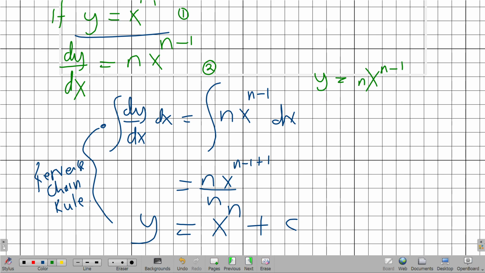This is the function. Then we add 1 to the power, then we divide by n. That's the rule. So it refers back to that part. So you should know the form of this derivative, that it goes back to y is equal to x to the power of n.